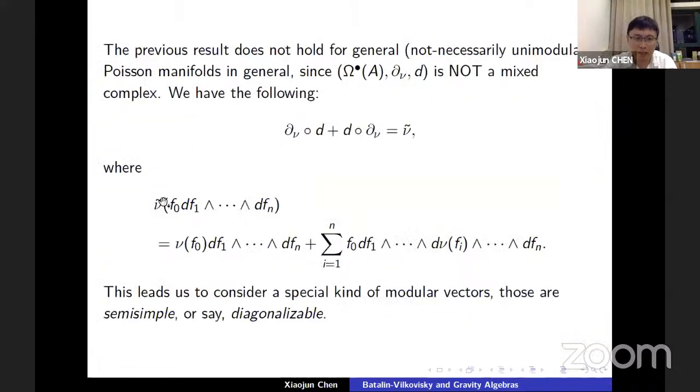This nu is diagonalizable, and then suppose this is diagonalizable, then you can decompose this F_i into eigenvectors. It may not necessarily be just the same eigenvalue, but if you consider the sum of all this, then this is what I mean by eigenspace here.